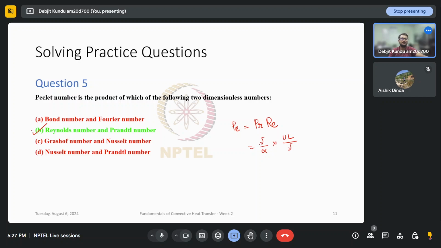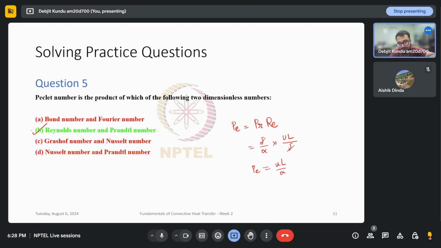So nu cancels out and we get uL by alpha, where u is the free stream velocity, L is the characteristic length scale, and alpha is the thermal diffusivity. So what exactly is the Peclet number telling us in general? So this is in the context of heat transfer.